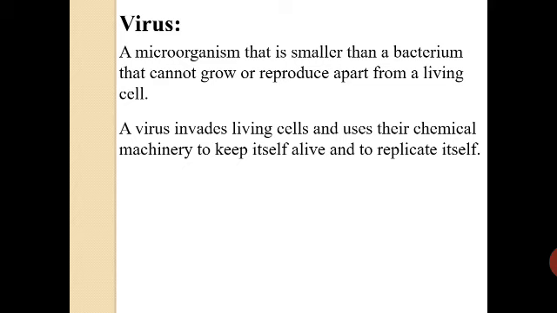Active means it starts behaving like living, and then it starts multiplying also. So one virus will become 2, 2 will become 4, and this way the number will increase within the living body. And at the same time the cells of the body will be destroyed, because the nutrients of those cells will be taken by this virus to increase in number.